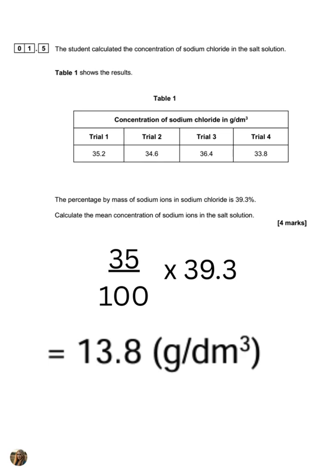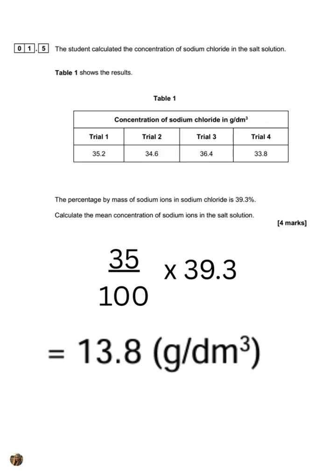We've already found that the mean concentration of the sodium chloride is 35.0 grams per decimetre cubed. So if we divide by 100, that tells us what 1% is worth. And then if we times by 39.3, that tells us how much of it is just the sodium ions.